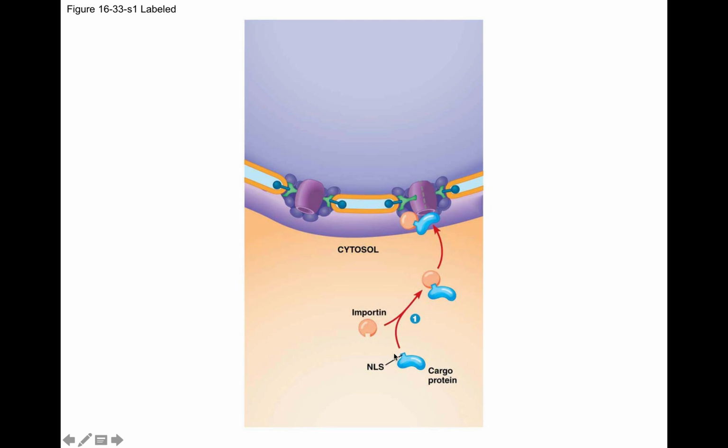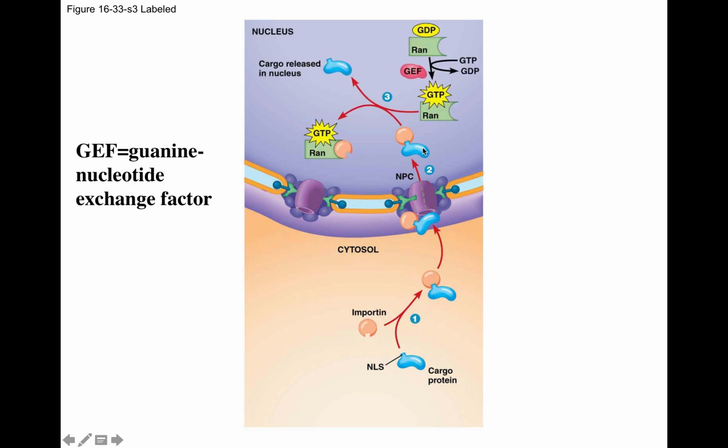All right, so if you're bigger than about 30,000 Daltons, how do you get in? You need a nuclear localization signal, NLS, on this protein, and this is part of what gets translated. It binds to a protein called importin, not important, but importin, okay? Then the importin and its cargo go through the nuclear pore complex, okay?